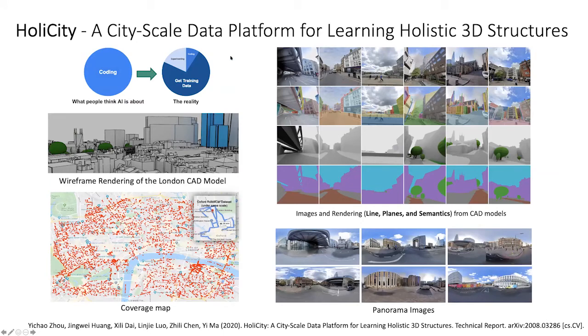This is what we call the Holicity. We label street view images from Google, and work with a company which has very detailed CAD models for downtown London. So this is what we found out.